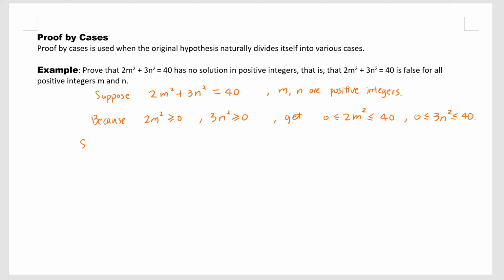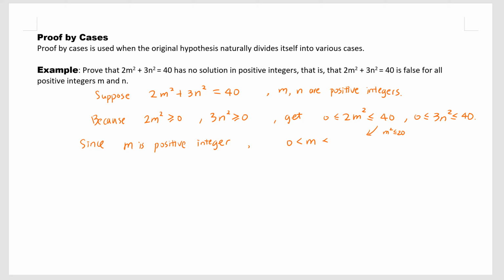Since m is a positive integer, we know it's greater than 0. Look at this: 2m squared is less than or equal to 40, so m squared is less than or equal to 20, and m is less than or equal to the square root of 20.